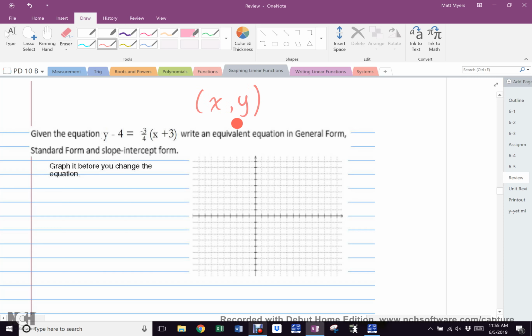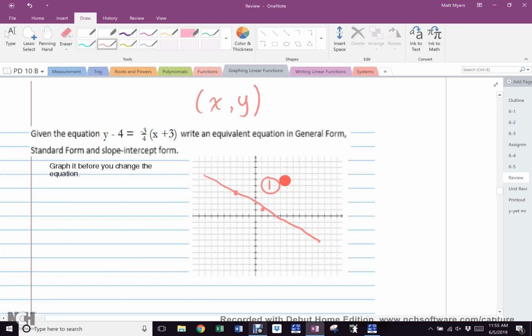What is the point I know? Negative 3, 1, 2, 3. Positive 4, 1, 2, 3, 4. What is my slope? Negative 3/4, down 1, 2, 3, right 1, 2, 3, 4. There is the line. That gets you 1 mark because I wanted it graphed.